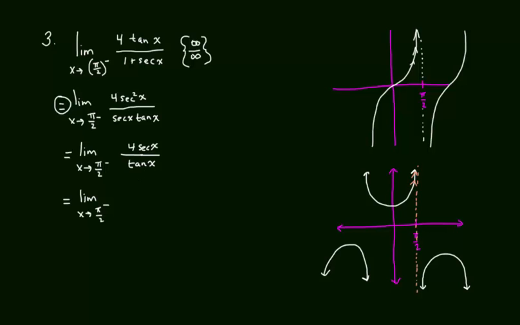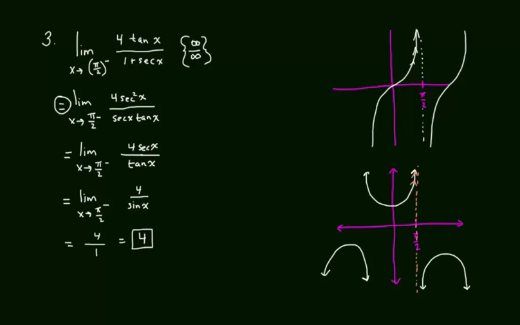So that's going to simplify to be 4 over the sine of x. Work that out, you'll see it works to 4 over sine of x. So now I'm at the phase where I can plug in, and so this limit is going to equal, well, 4 is 4, and if I plug pi over 2 into sine, that's going to give me 1. So the limit is equal to 4.